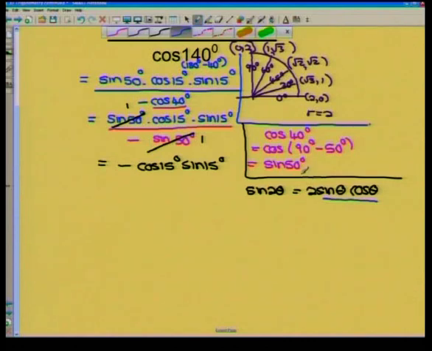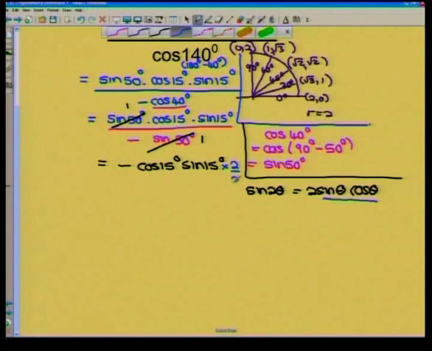I don't have the 2. Now that's not a problem. If you remember back to our identities, sometimes it was a good idea to times by a convenient form of 1. And this would be a case like this. So what I could do is I say, let's times by 2 over 2. Now do you agree with me that if I'm timesing by 2 over 2, it's actually timesing by 1, so nothing has changed. But it does enable me to do this.